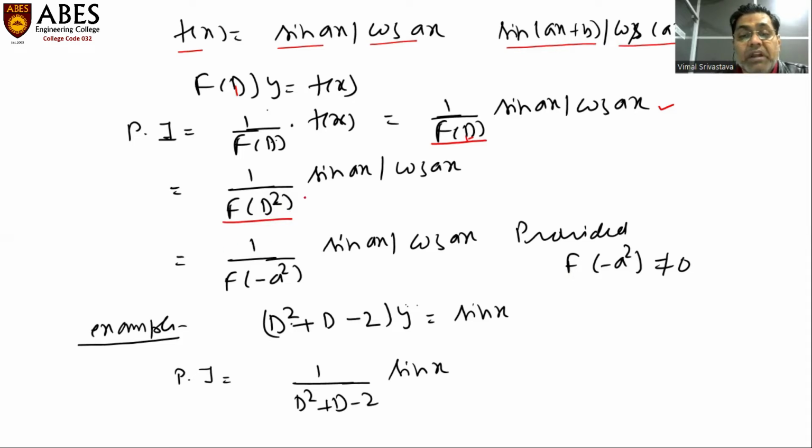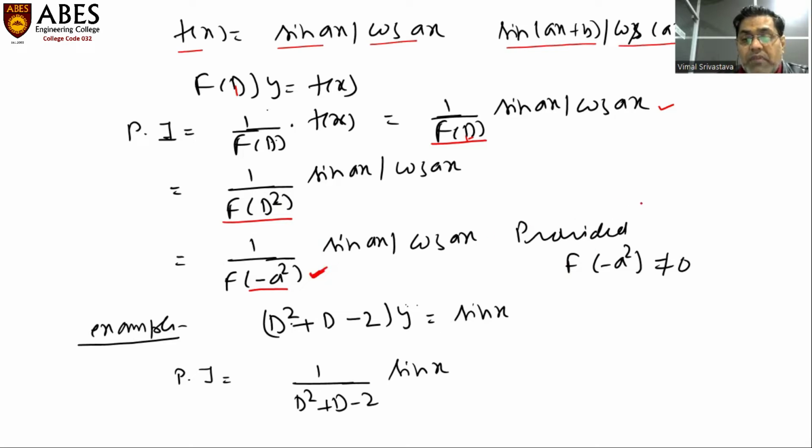So that means how to find PI. In this case, PI is 1 upon F of minus a square. That means D square is replaced by minus of a square. One thing is very important to remember: this is minus of a square rather than minus a square. So students, do remember, this is a very important line. You have to remember it.